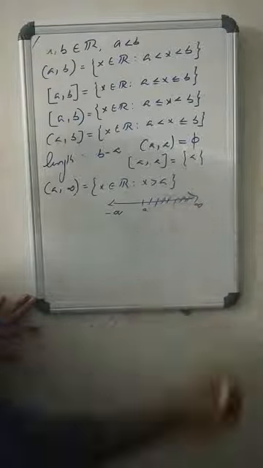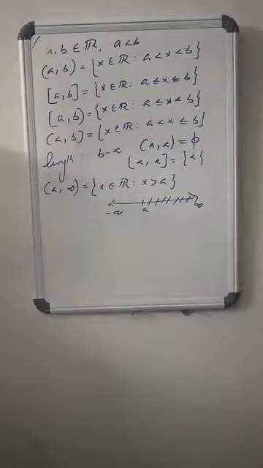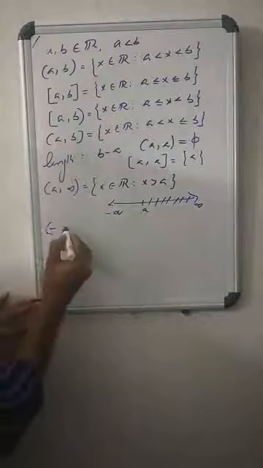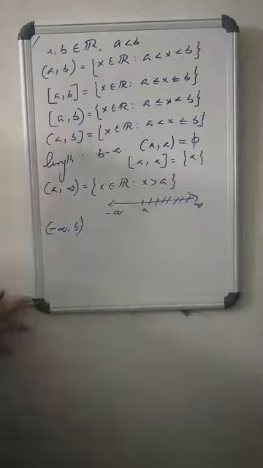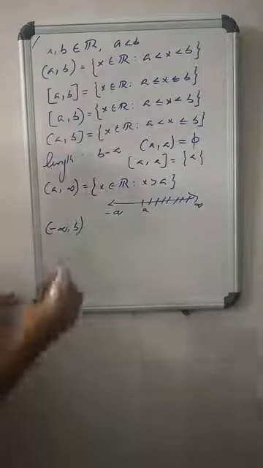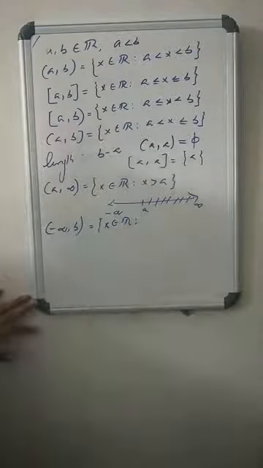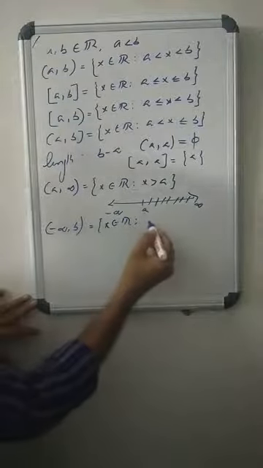Similarly, the open interval (−∞, B) means the set of all x in R such that x < B.